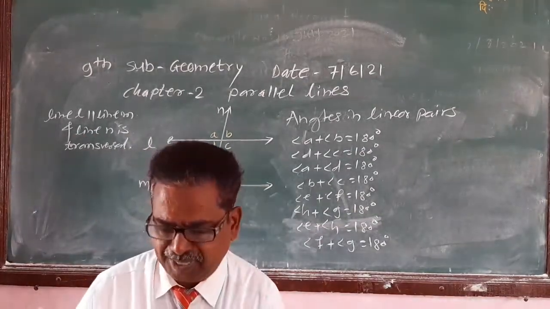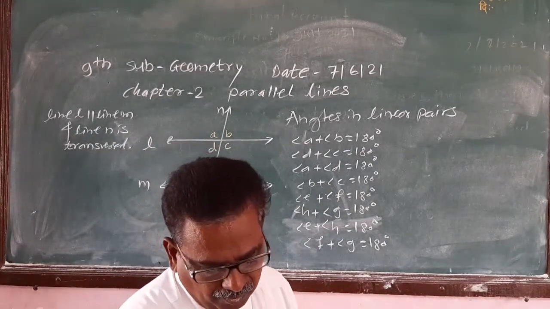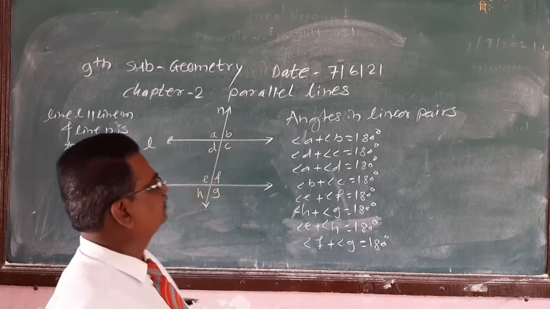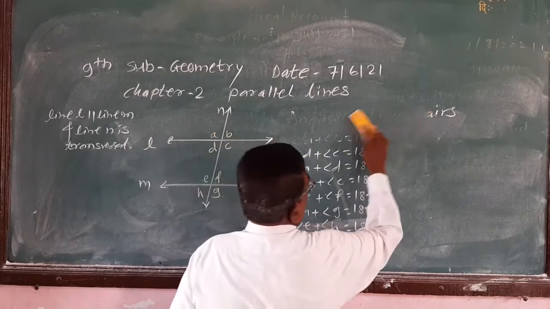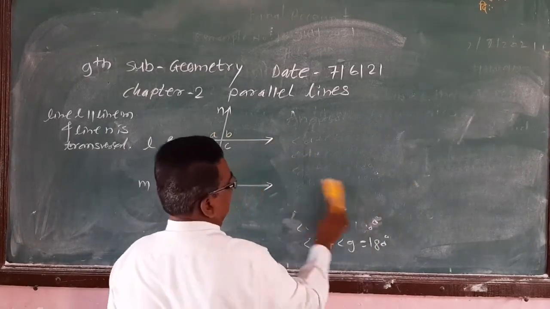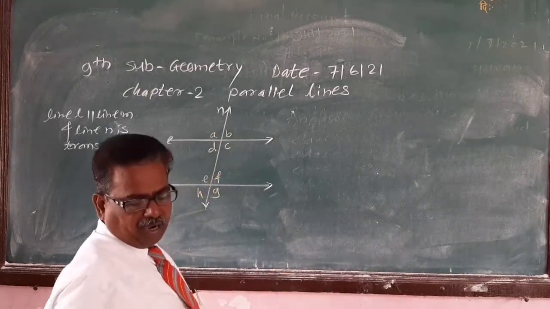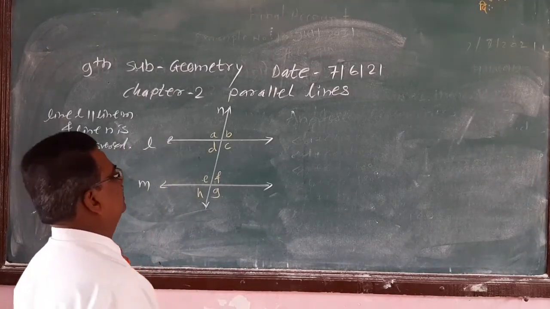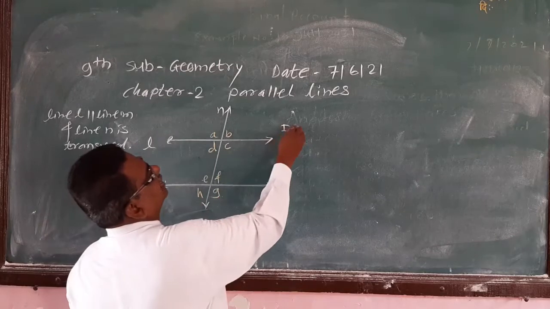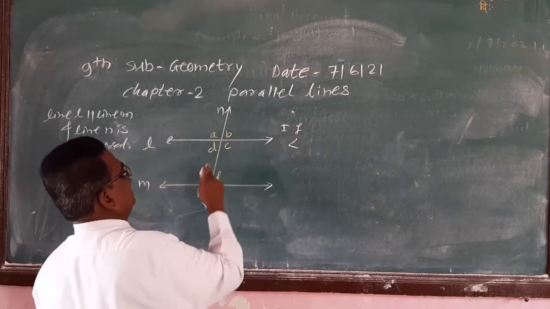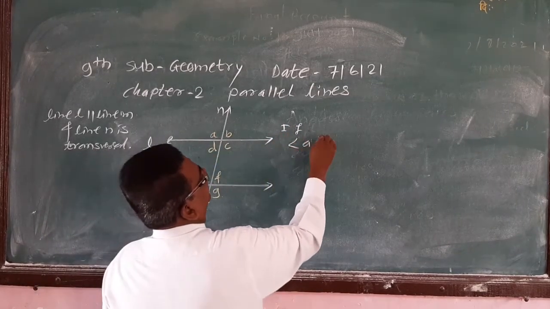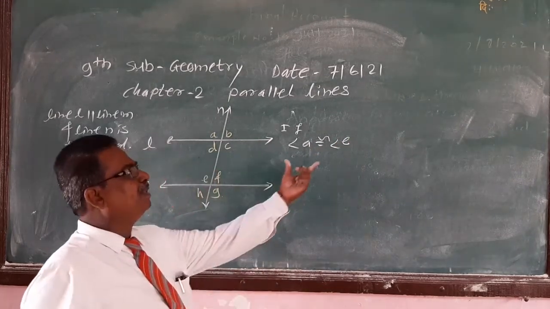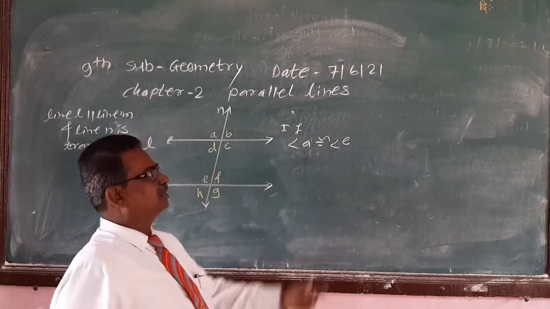A third property: when one pair of corresponding angles is congruent, then another pair of corresponding angles is congruent. Here, if angle A is congruent to angle E, this pair is of corresponding angles.